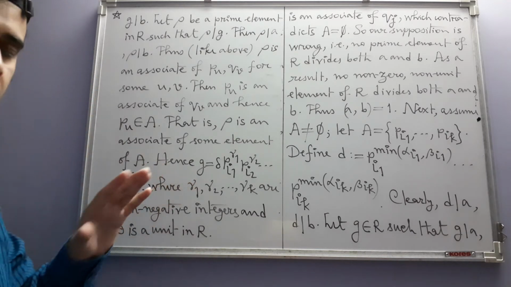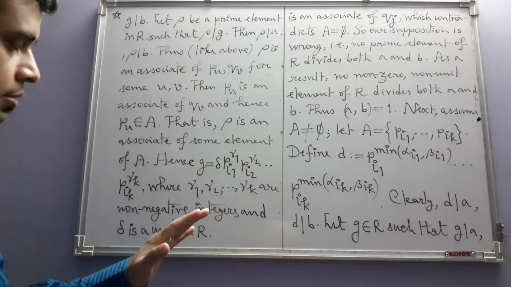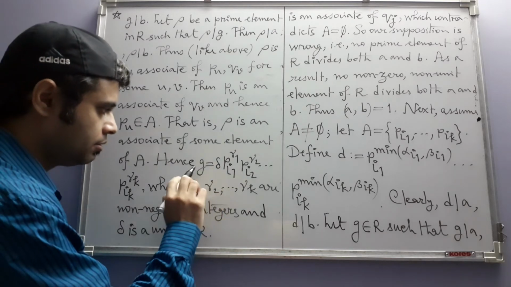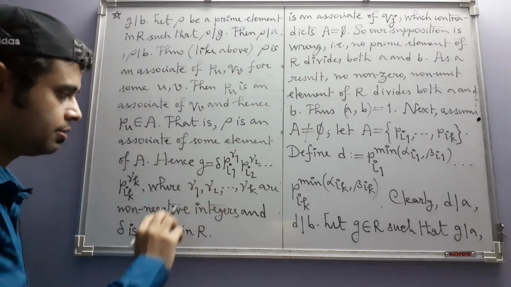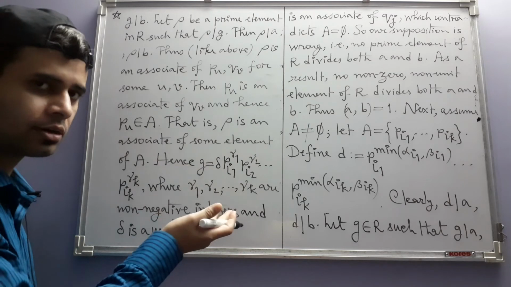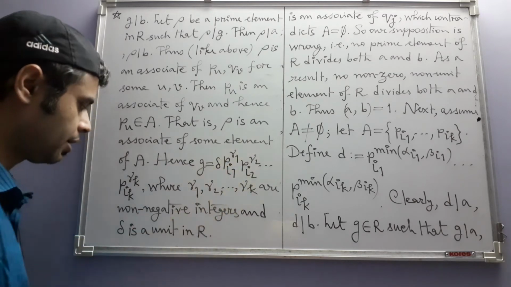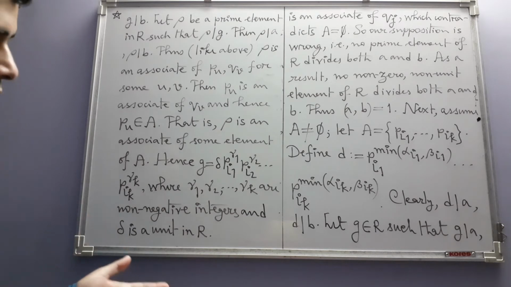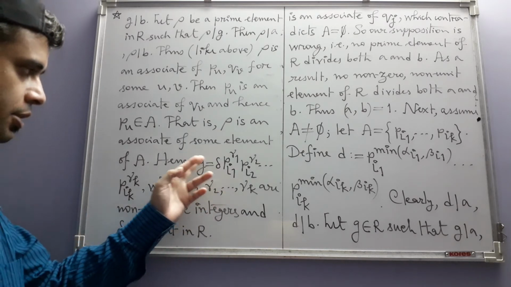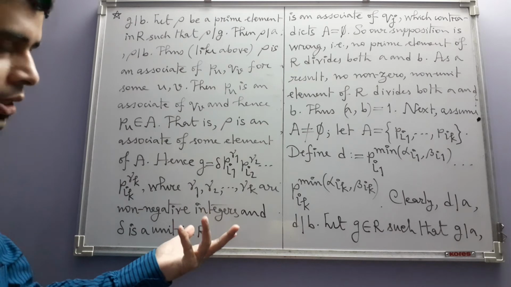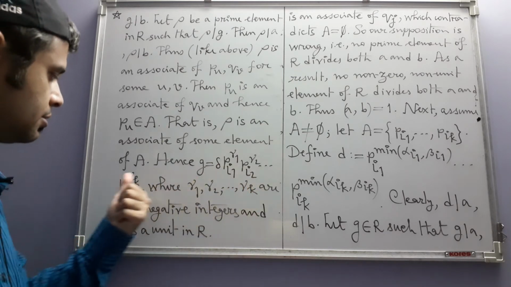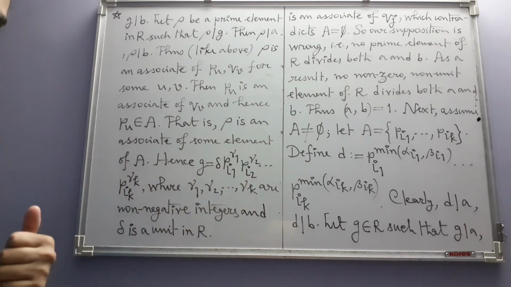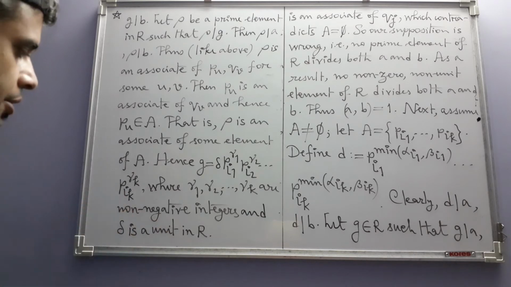Note that here we have taken care of all the cases. If G is a unit, to account for that possibility, we have allowed all the gammas to be 0. When they are all 0, then G is equal to delta, which is a unit. Otherwise, this is a prime factorization of G, which is a non-unit.